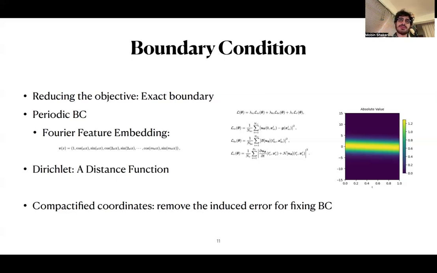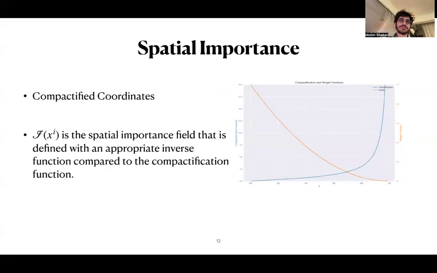Now, since we're dealing with gravitational wave extraction at far boundaries, ideally infinity, it is better to use a compactified coordinate to completely remove the BC error, because if we want to cut off at a large boundary, we're still going to see some boundary condition error, but in another form, in the form of collocation error. So to completely remove that, we use compactified coordinates.